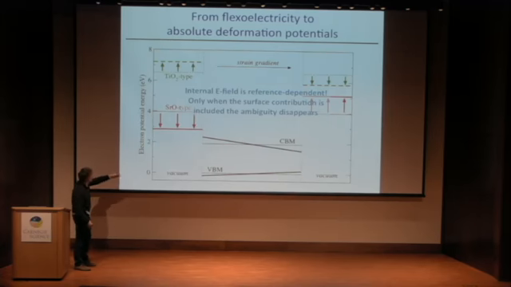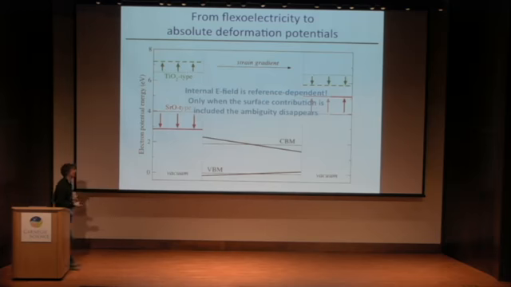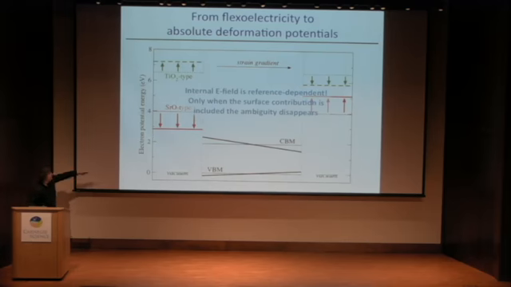It is different if I look at the conduction band, the valence band, or the electrostatic potential. So I must be careful what I mean by electric field when I do macroscopic modeling of these effects. This ambiguity disappears when I add the surface contribution, so the total dipole upon bending is always well defined.